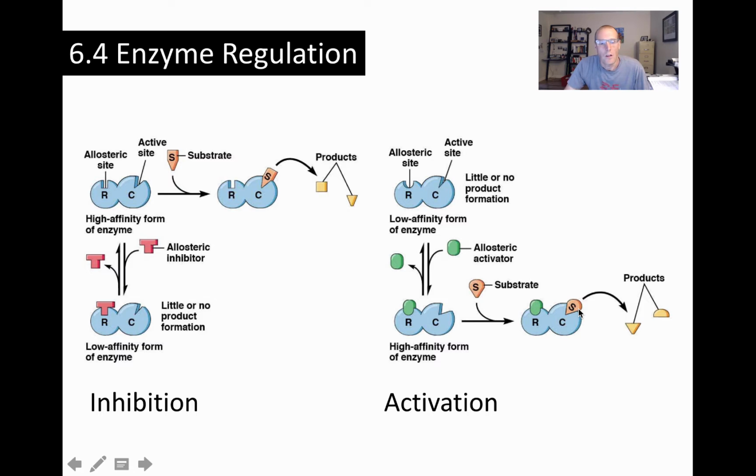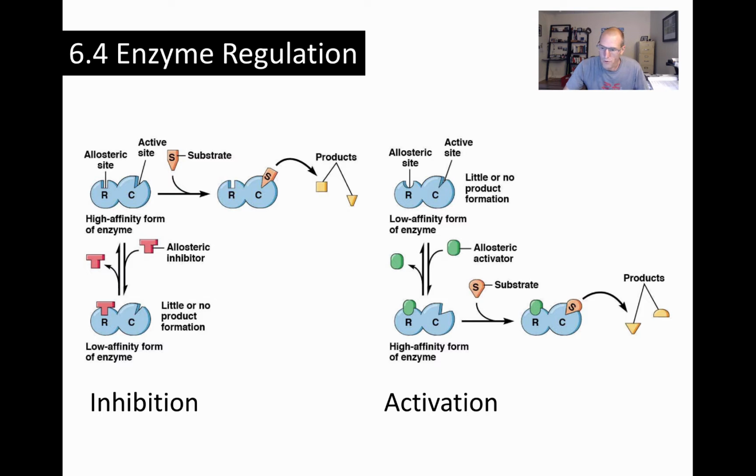Many of these allosterically regulated enzymes demonstrate what's called cooperativity. If you have multiple subunit enzymes, when you have multiple allosteric regulators binding, you see significant drops in activity with every subsequent binding of a negative regulator, or you see significant activation with the binding of an allosteric activator.